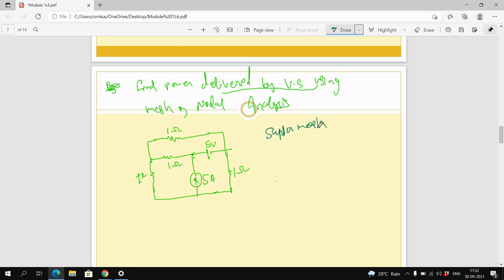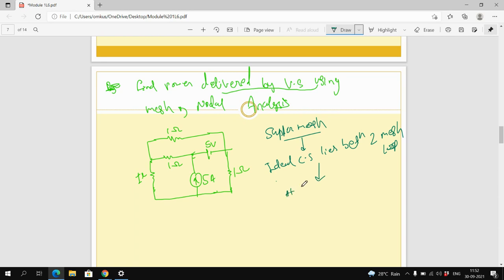Super mesh is when an ideal current source lies between two mesh loops; then it is called a super mesh.